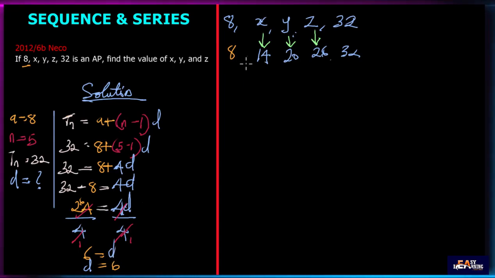Now having the common difference, we find the unknowns by adding 6 to the first term: 6 added to 8 is 14, 14 plus 6 is 20, 20 plus 6 is 26, and 26 plus 6 gives 32. That was the answer to the question.